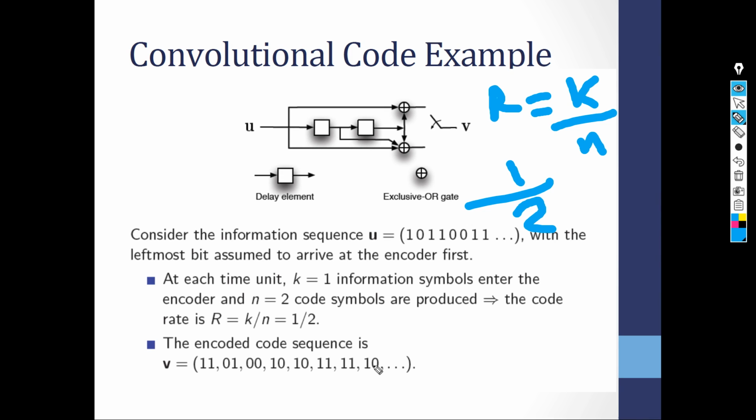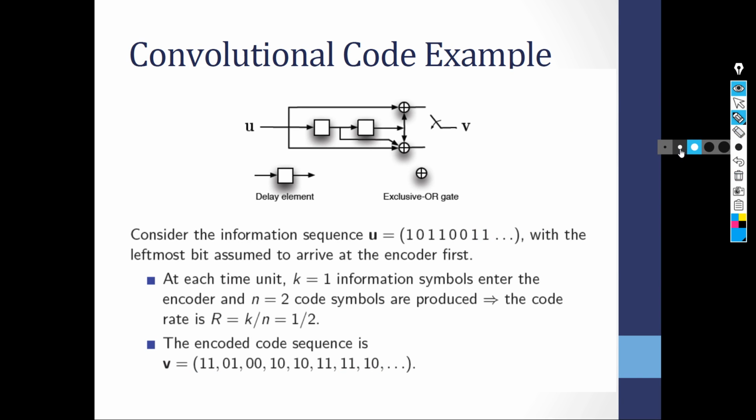The encoded code sequence is therefore given as follows. Now, how do you obtain this? For example, when 1 enters, you get this value 1 0. The next bit you get 1 1. How do you obtain this? Let's see. V is a vector, and this vector is producing 2 bits.